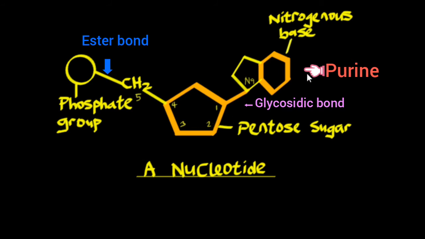Now let's study how many nucleotides bind to one another to form a chain of nucleotides called the polynucleotide, which forms our nucleic acids. If we study this structure from below, just like we said before, the phosphate group attaches to the carbon number 5 of this nucleotide below.